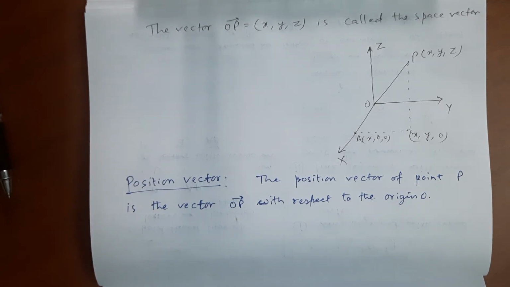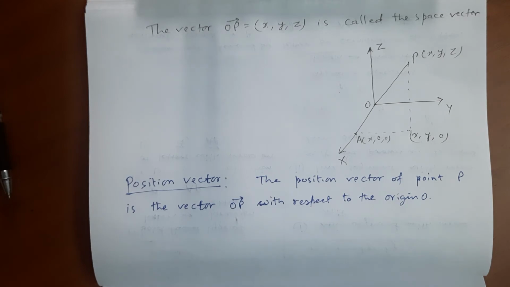Okay, that means its origin is fixed at the origin O, that is 0, 0, and the point is fixed at the point P itself. So this is the position vector of the point P. Position vector of point P means vector OP. Position vector of point A is vector OA.